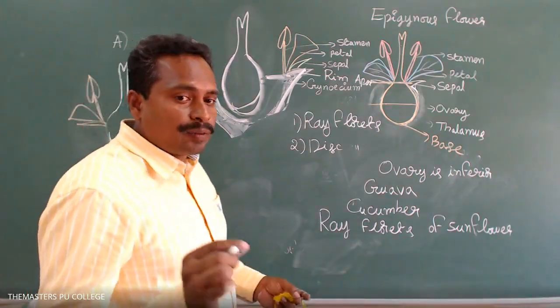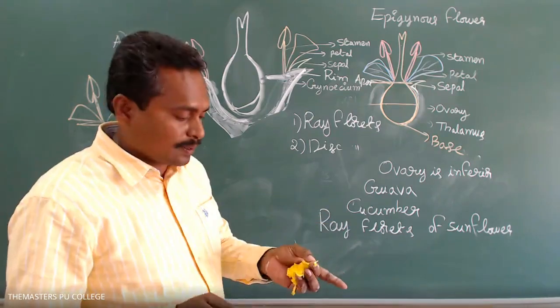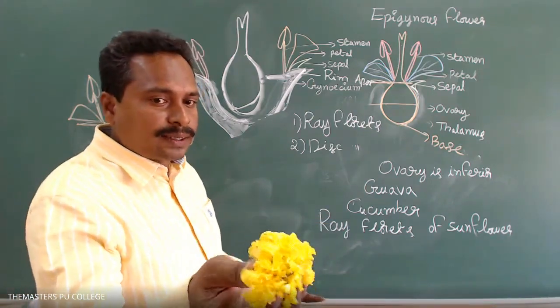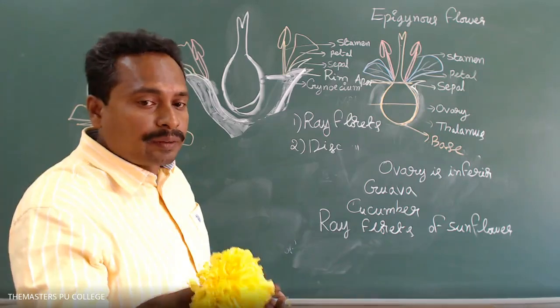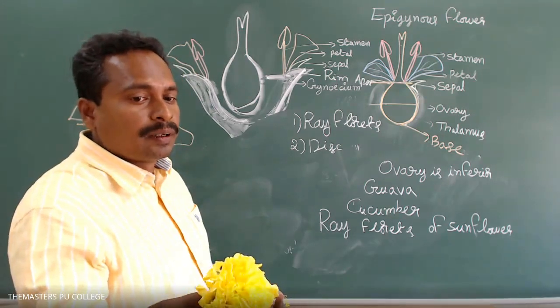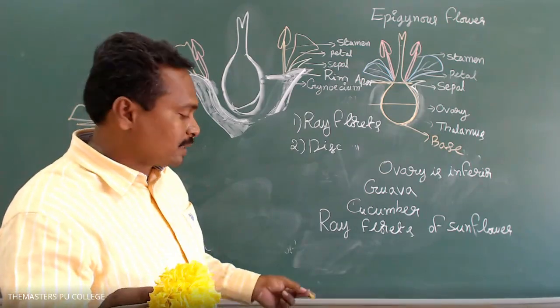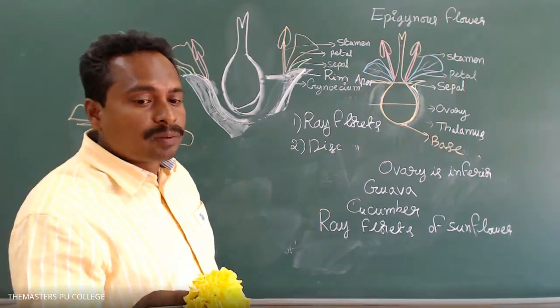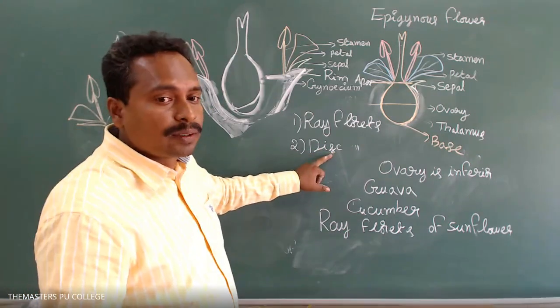Ray florets are present at the peripheral region of the inflorescence. This inflorescence consists of only one type of floret, ray florets only, whereas in sunflower, two types of florets are present. One type is ray, and the second type is called disc florets.